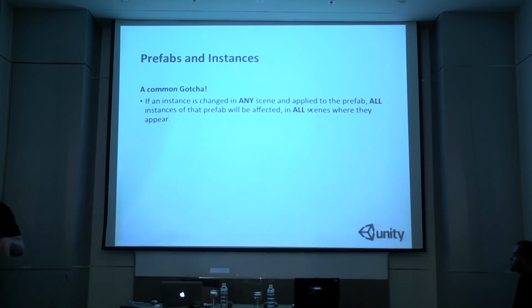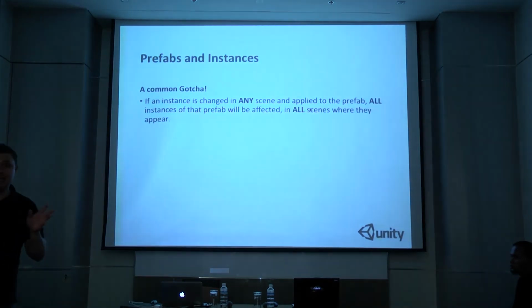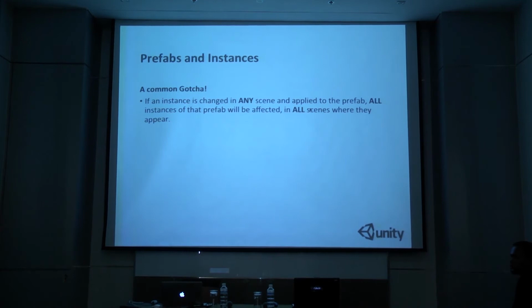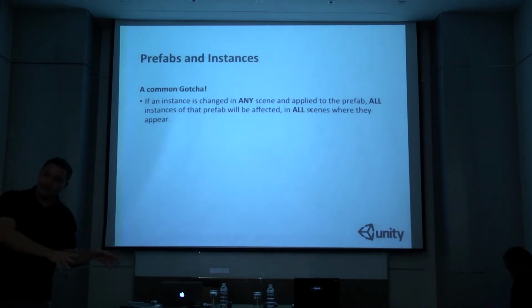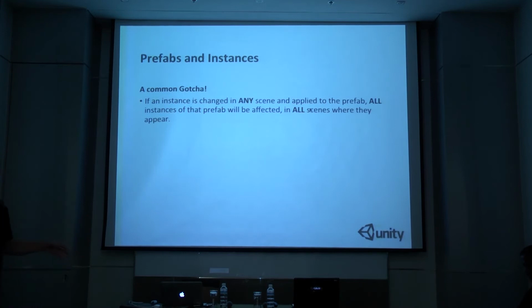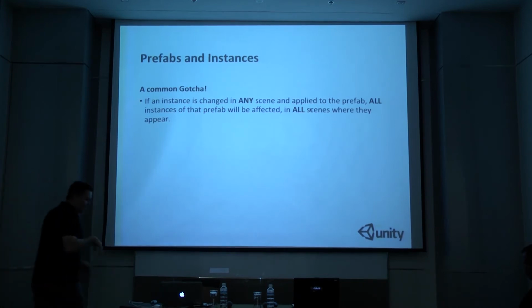So with simple things like cubes and just scale, you'll see it, it's very obvious. But with some values, sometimes people are changing. They're like, hey, why didn't I change this value in scene B, scene C? No, you changed it in the prefab. And because you changed it in the prefab, you changed it everywhere. Okay? Just something to keep in mind.